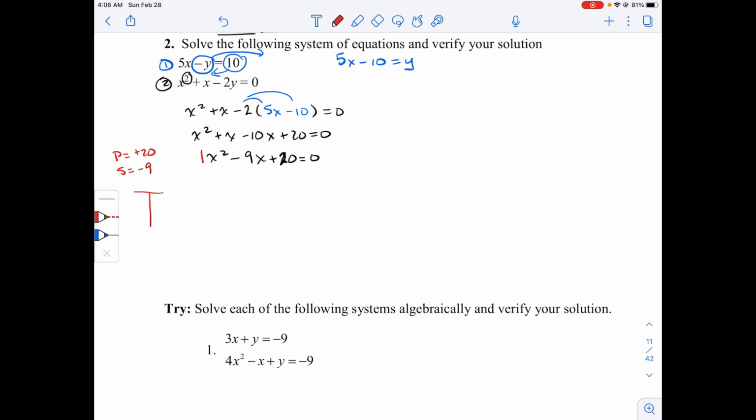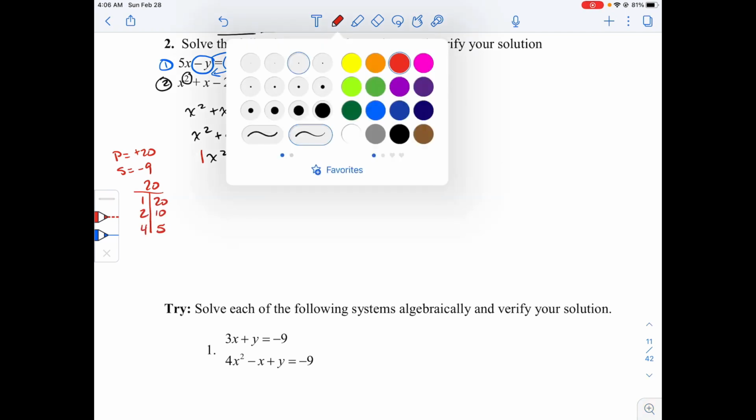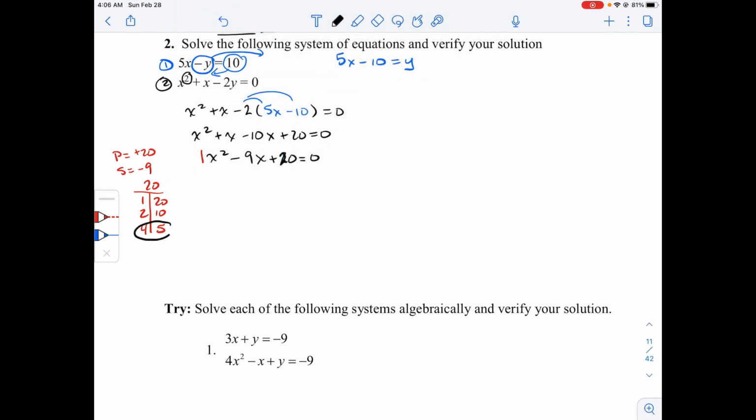If I write out my factors of 20, which are 1 and 20, 2 and 10, or 4 and 5, I can see right away the ones that add up to 9 are 4 and 5. I need a positive 20 and a negative sum, so both of those have to be negative. So we get x minus 4 and x minus 5. Therefore, x is equal to 4 and x is equal to 5.